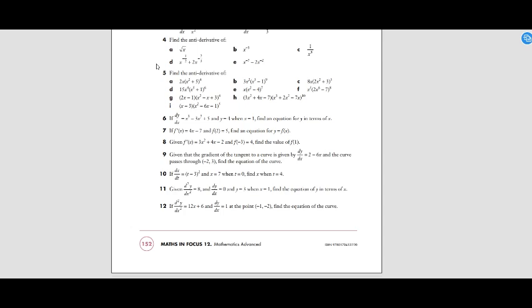I think yesterday we solved some of the problems until question 3. Now we'll go to question 4. And you see that the very first problem is, find the antiderivative of root of x.